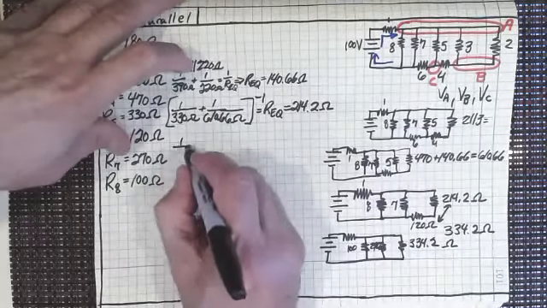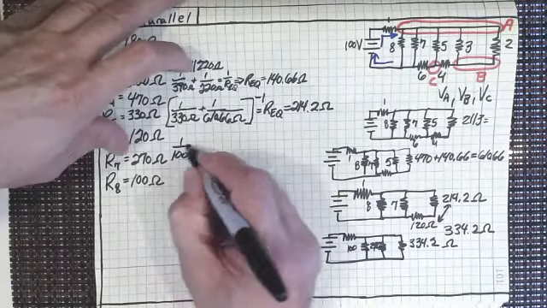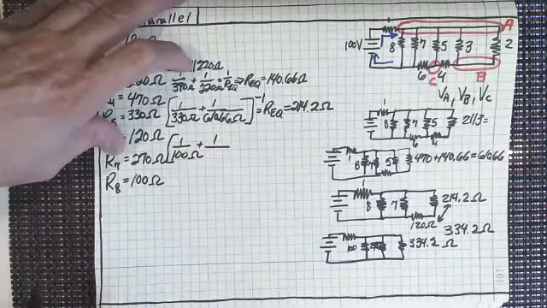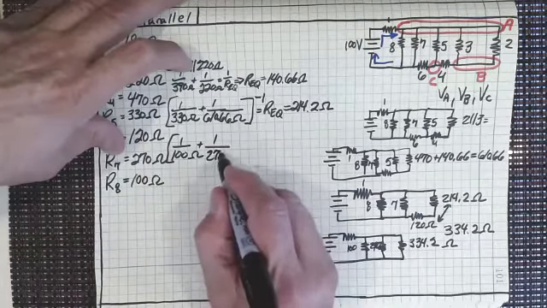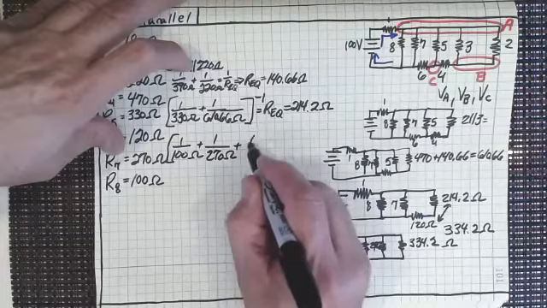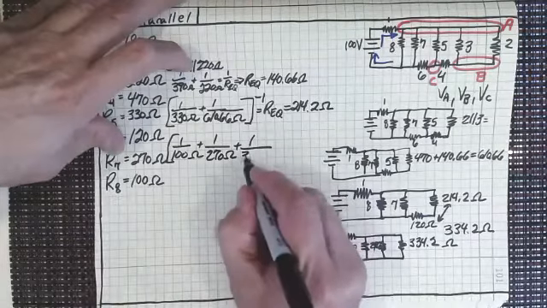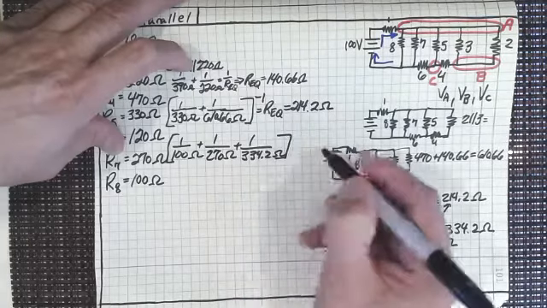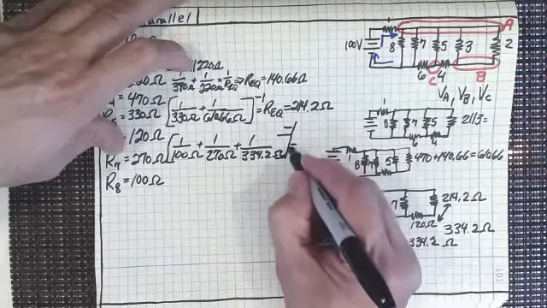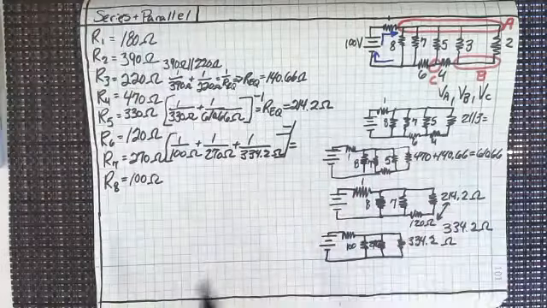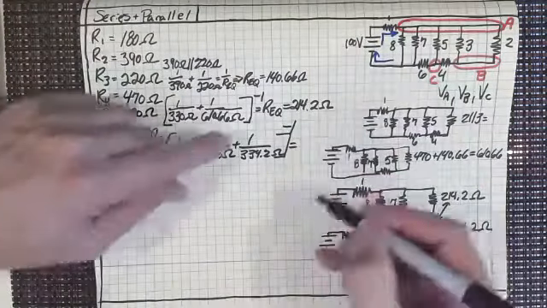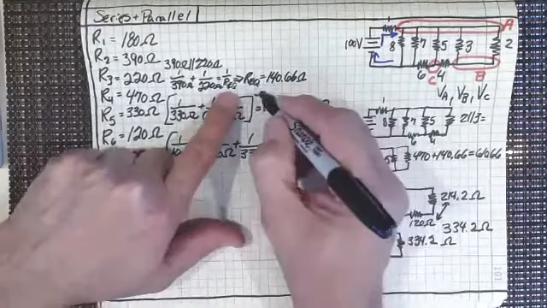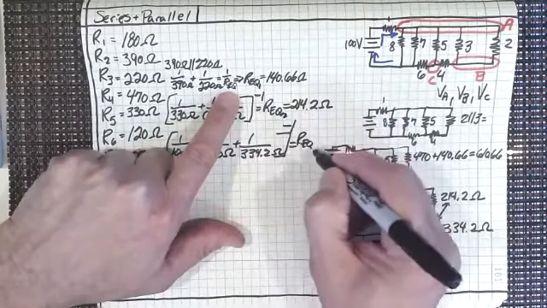So 1 over 100 ohms plus 1 over 270 ohms plus 1 over 334.2 ohms, and all taken to the minus 1. Right? Because I'm reciprocating it so that I can get R equivalent. And I should call these like R equivalent 1, 2, 3.